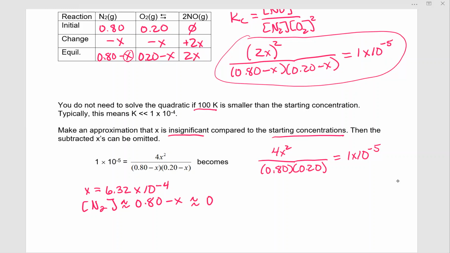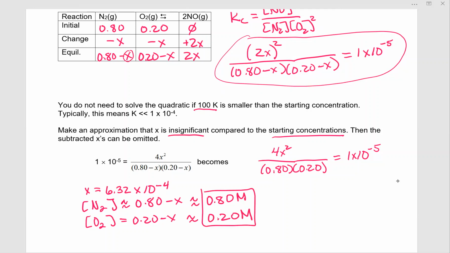So really our nitrogen is 0.80 molar. Likewise, our oxygen is equal to 0.20 minus x, but we can say that this is 0.20 molar. Let's put a box around both of those.